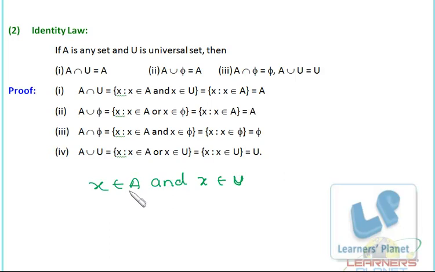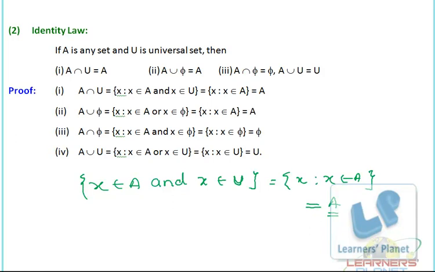X belongs to A, and since we have to find A intersection U, X belongs to U also. That means precisely X is such that X belongs to A. So that is actually A.